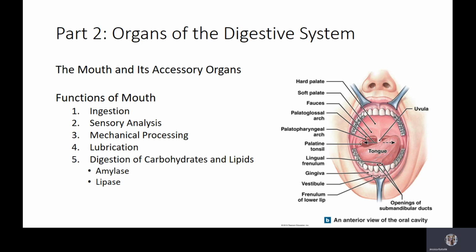And to do this, we're going to be using two enzymes, salivary amylase, which is produced by the salivary glands, and this is going to be responsible for breaking down carbohydrates. And the lingual lipase. The lingual lipase is going to be responsible for breaking down fats and oils. So those are going to be the functions of the mouth.